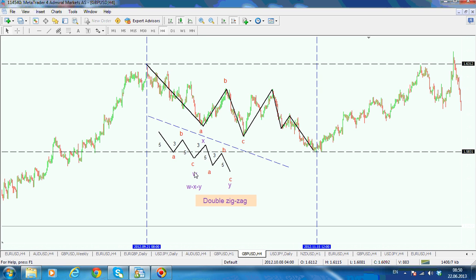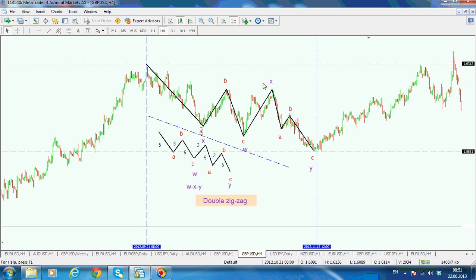And this A, B, C was forming our first zigzag in the form of a W here. Then we have another A, B, C for the second zigzag. A, B, let's see, and this would be the Y, and then definitely the connective wave between the two is going to be the X wave here.